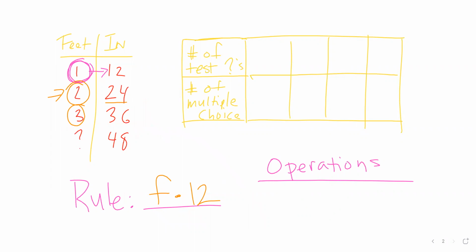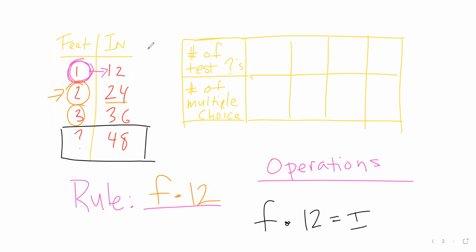Now that I know that, how do I find this last point of data? My rule is F times 12 is equal to I for inches. To help me solve, I'm going to substitute.